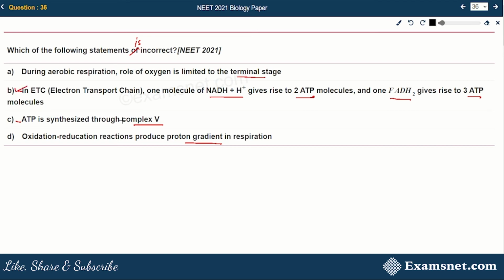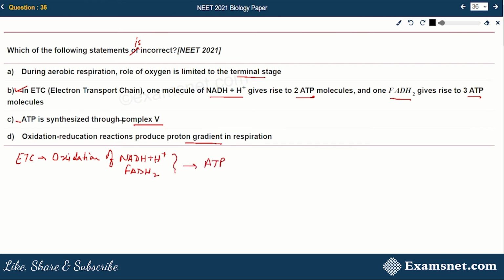Let's see what is an electron transport chain. It is a system which takes place in the inner mitochondrial membrane and involves the oxidation of NADH plus H plus and FADH2 molecules to synthesize ATP molecules.